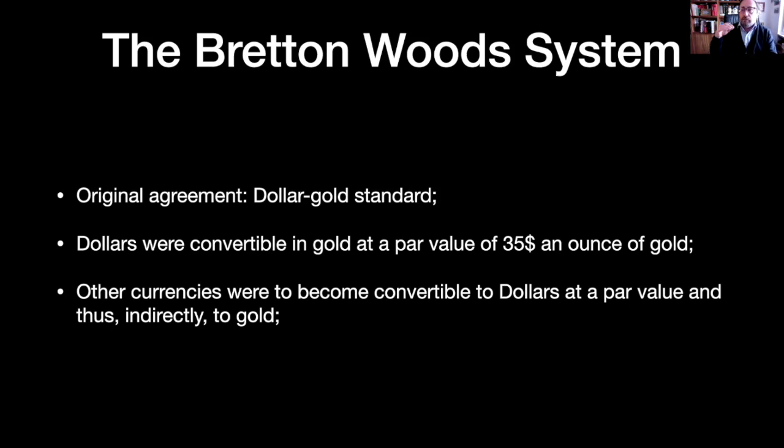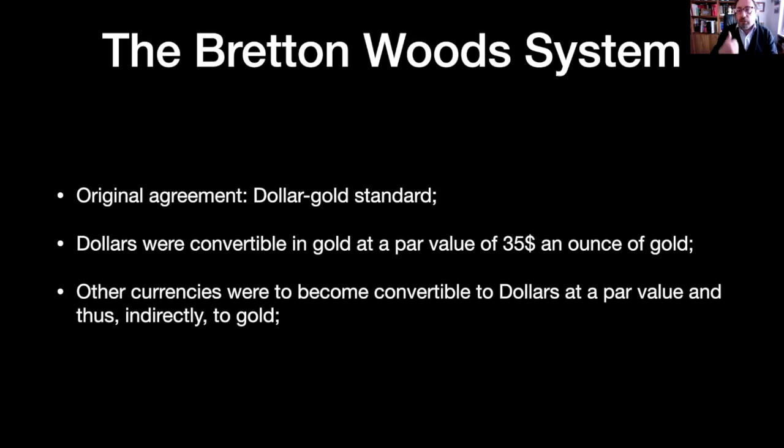If you are the Bank of France and you have British pounds, you go to the Bank of England, the Bank of England will not give you gold. But they might give you dollars, and then you can convert dollars into gold. So you can convert British pounds into dollars, and then dollars into gold.